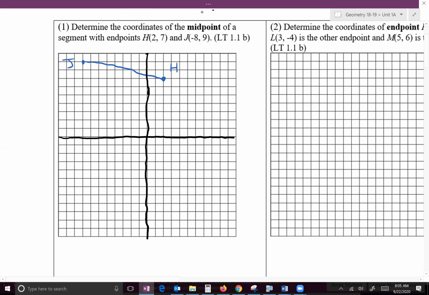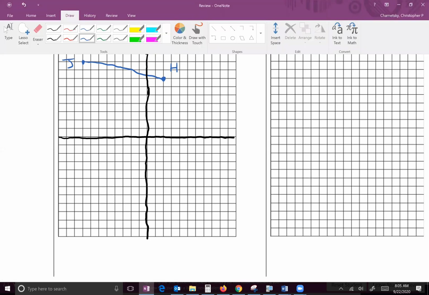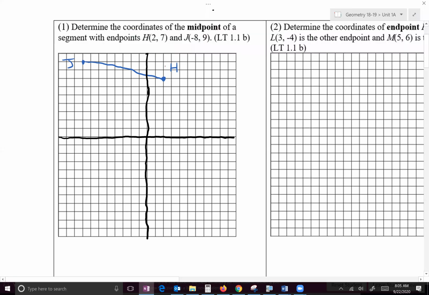So I want to find the midpoint of that. Well, I could do it graphically, but to be perfectly honest, I don't really need this whole graph. This might be easier just to check my work later.